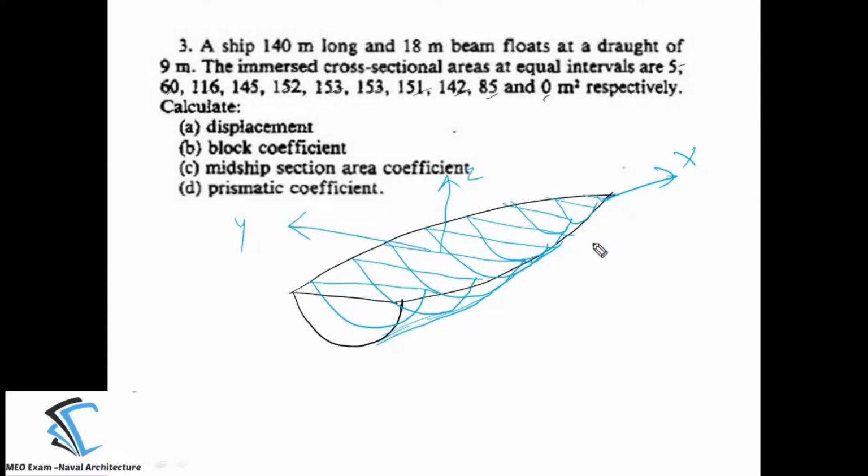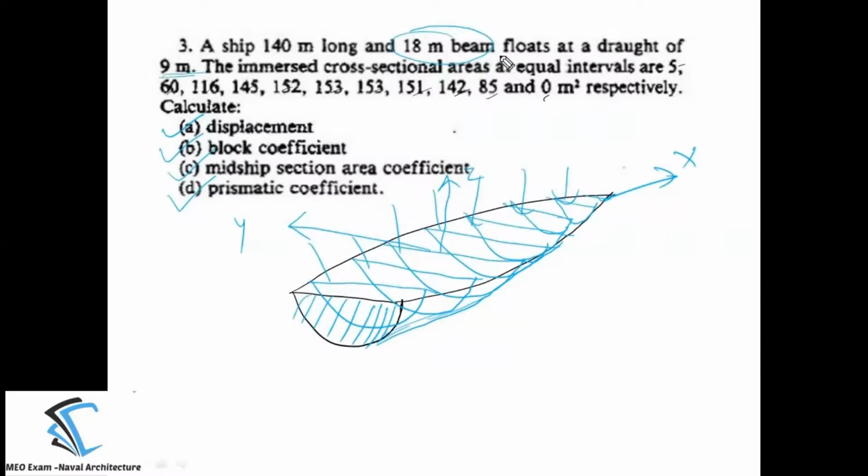Let's see one more numerical to understand the concept of numerical integration. In this numerical, a ship 140 meters long and 18 meters beam. This 18 meter beam which is given is the maximum beam of the ship, and it floats at a draft of 9 meters.